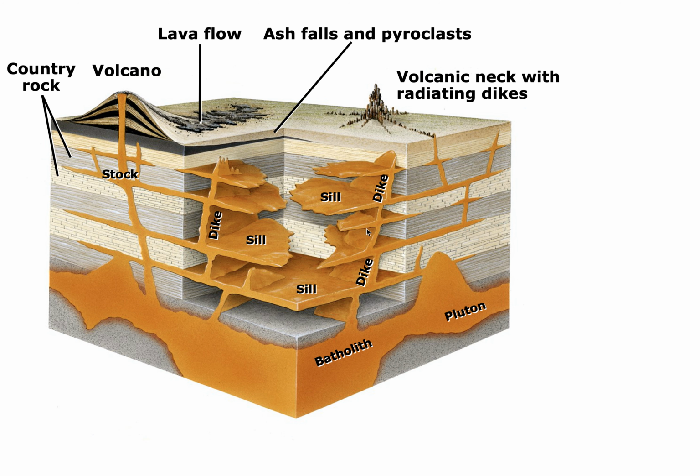Then here we have a dike, and beneath we have a pluton, and beneath that we have the huge batholith. On the top we have a volcanic neck with radiating dikes, and such a volcanic neck looks like a thumb.